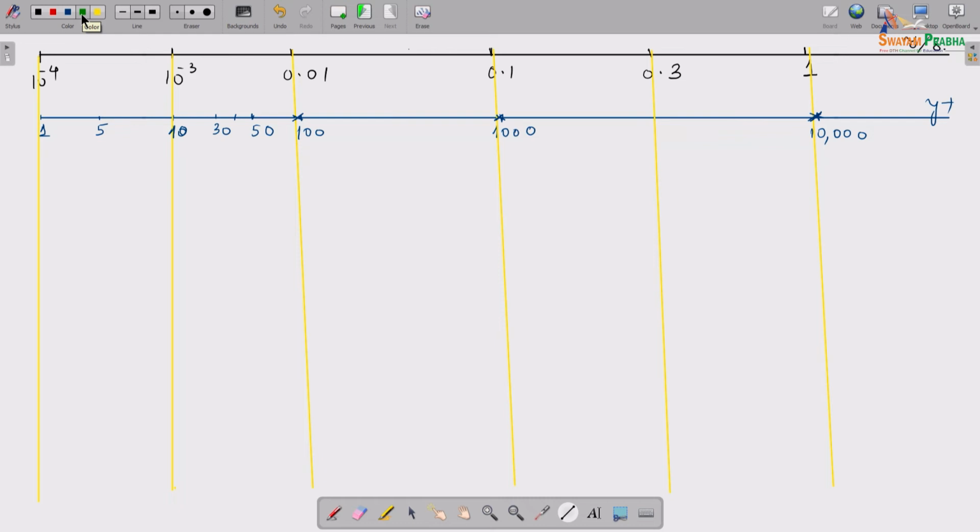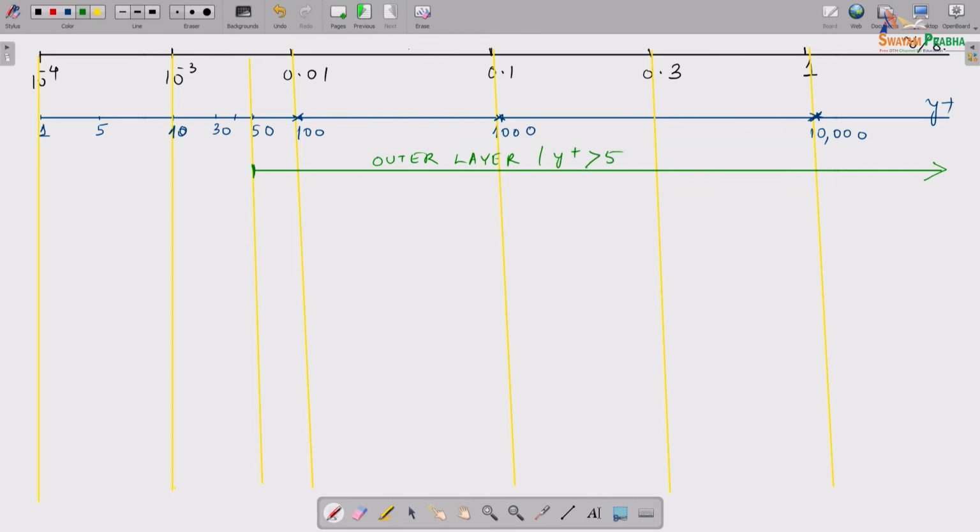This is my 50 here, so I have an outer layer, where y plus is greater than 50.